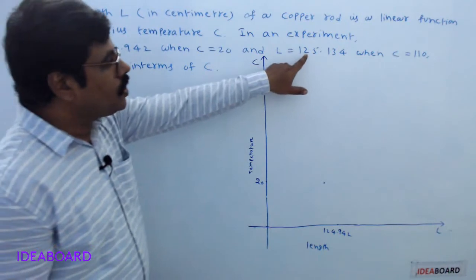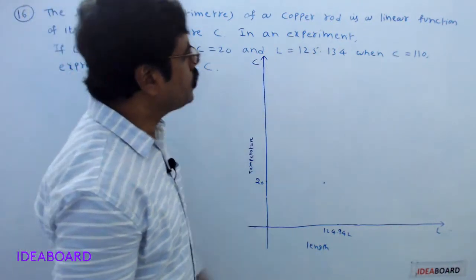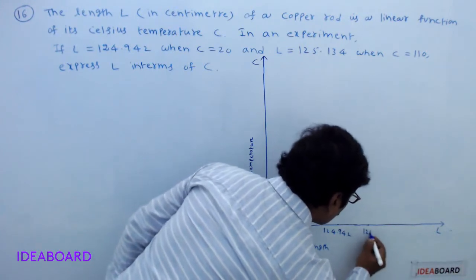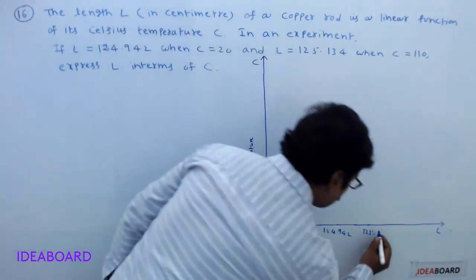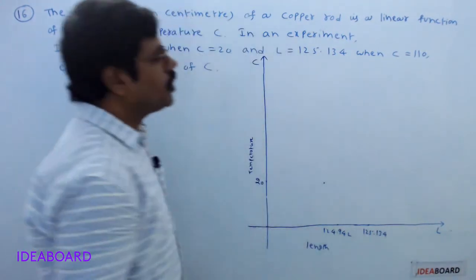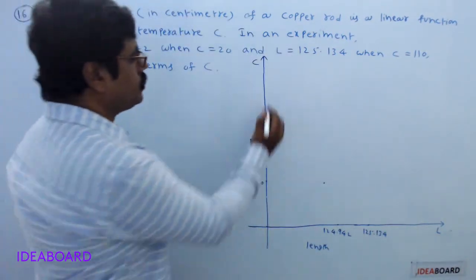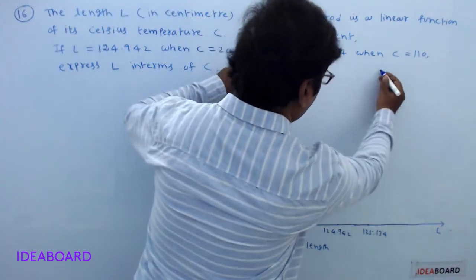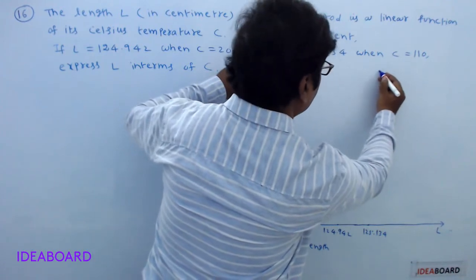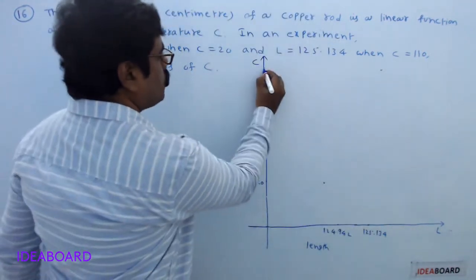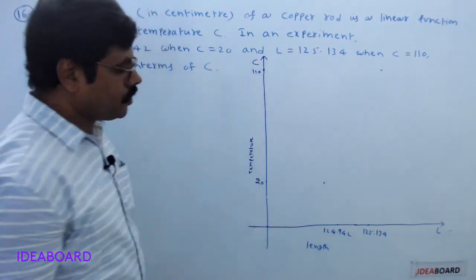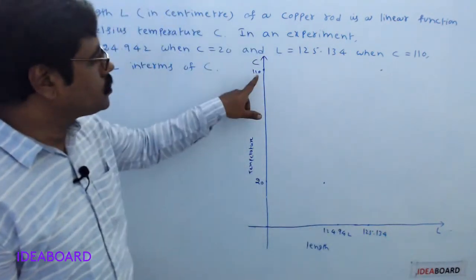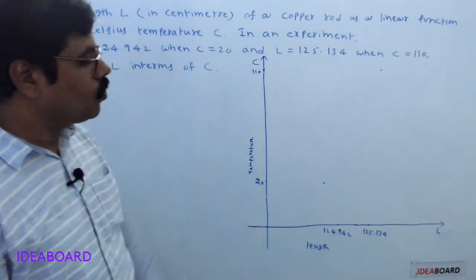Then the L value 125.134, suppose this is 125.134, and the corresponding C value is given as 110. Suppose it is 110, then denote the corresponding point. When the L value is 125.134, the corresponding temperature C value is 110.